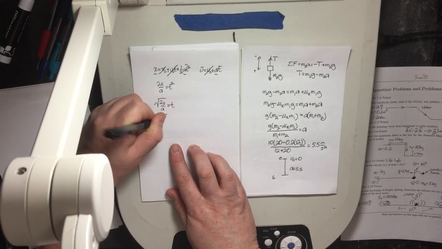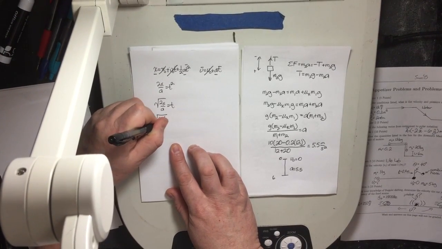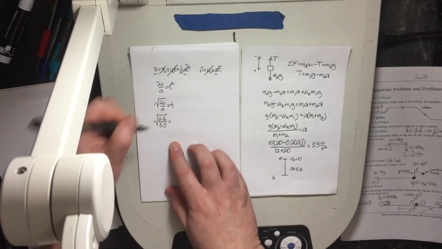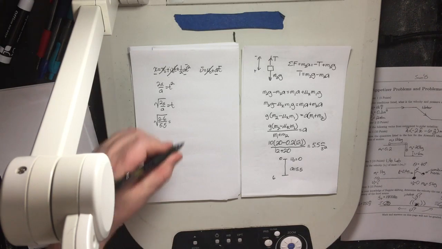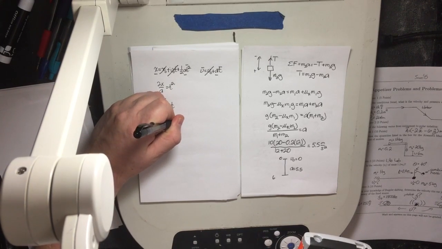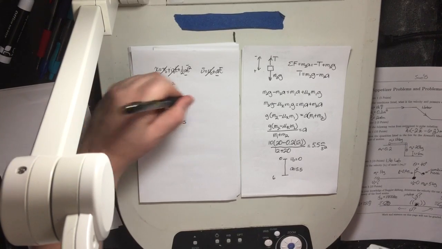2 times 6 divided by 5.5 will give me the time. 12 divided by 5.5. Square root of this, 1.48 seconds.